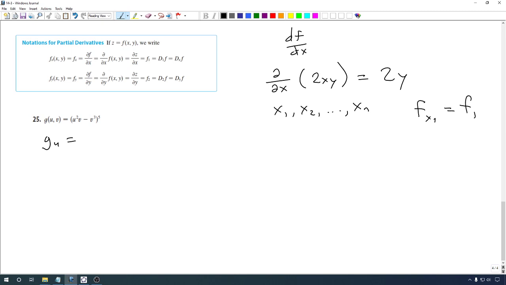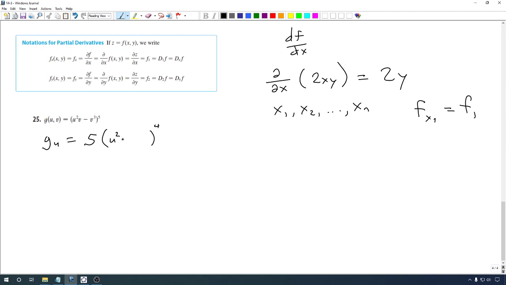We have some function of u inside a fifth power, and we want to differentiate it. We use the chain rule. So the outside function is the fifth power. We use the power rule for that. We bring down that 5, then we reduce the power by 1 to get 4, and on the inside of that, we still have what we have in here.